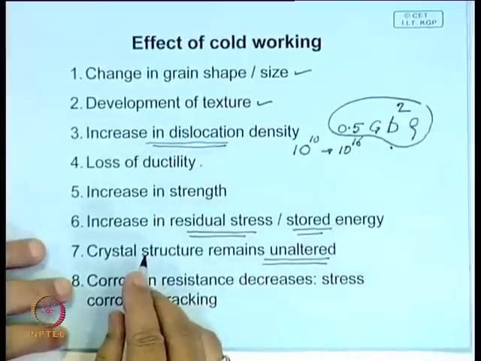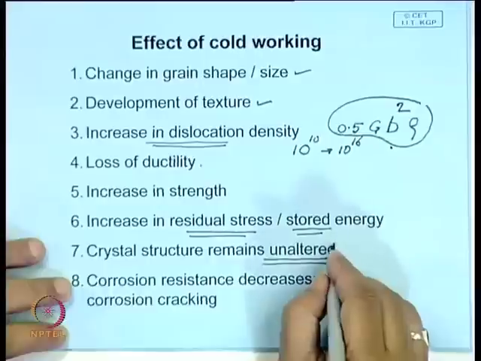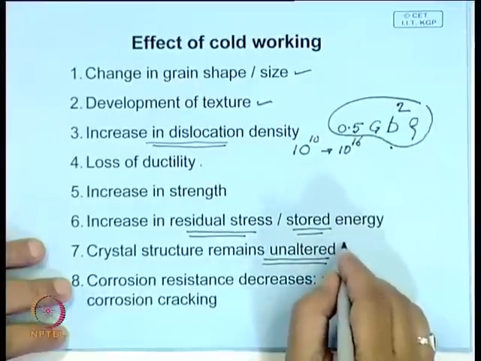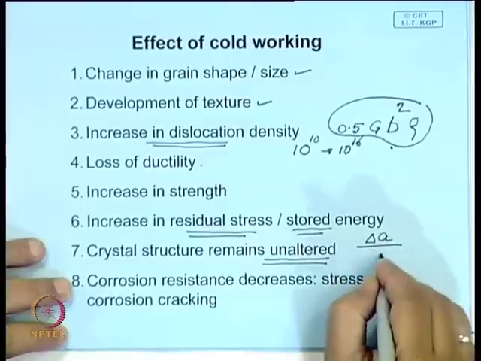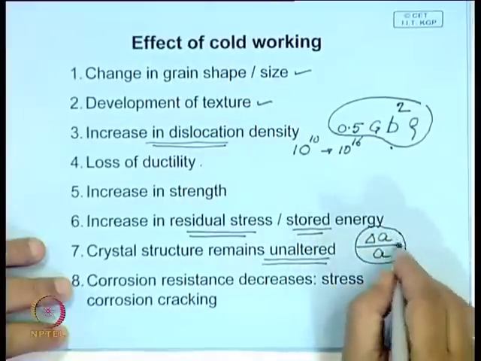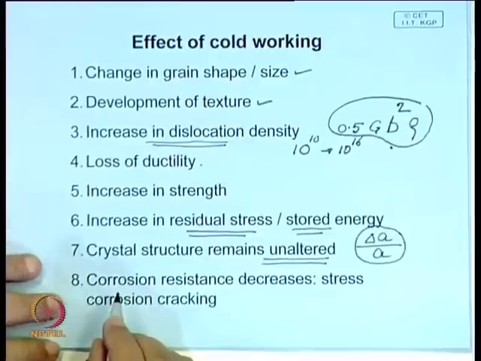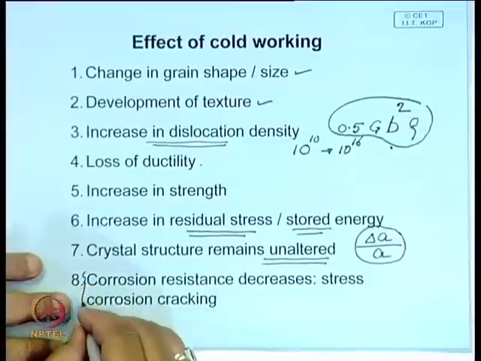Because of lattice residual stresses, the lattice parameter may change slightly, and the spread in the lattice parameter measurement may be wider, but the crystal structure remains unaltered. And cold work material is in a relatively unstable state.